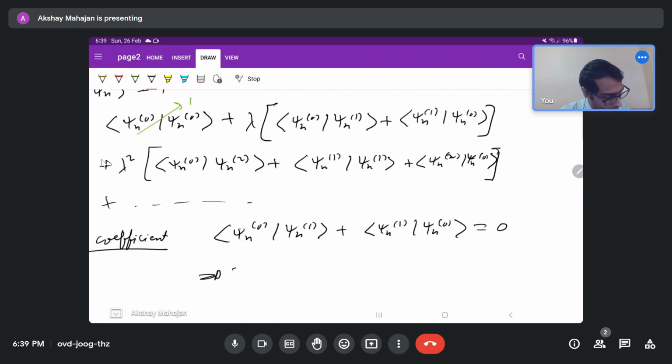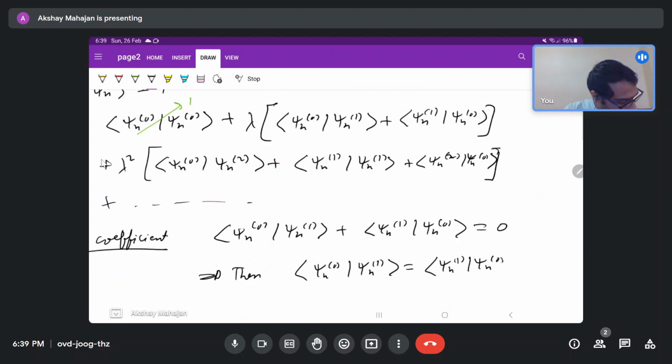So psi n0 psi n1 should be equal to psi n1 psi n0, which has to be equal to 0. So this is one relation that we can find from here.